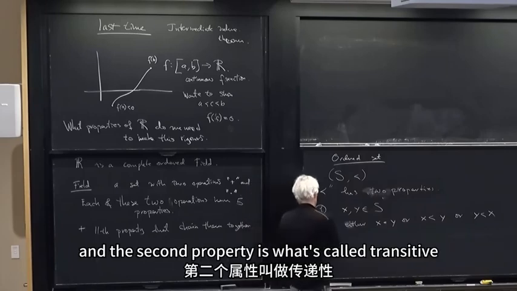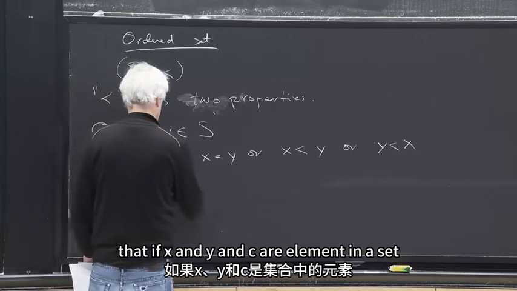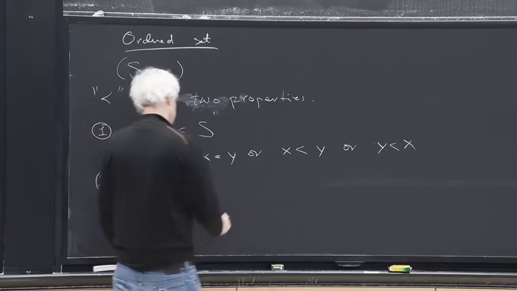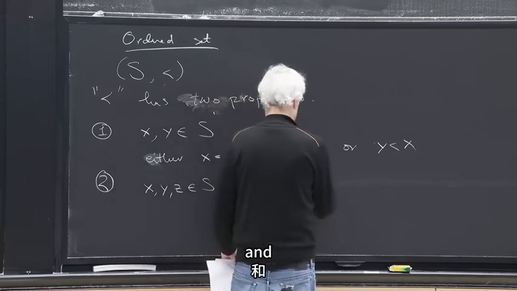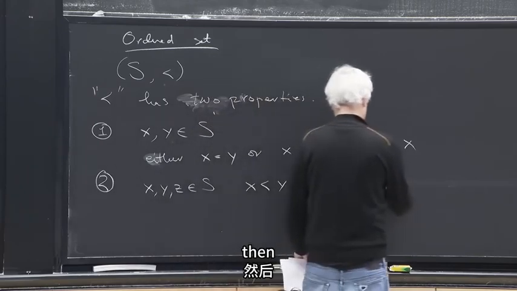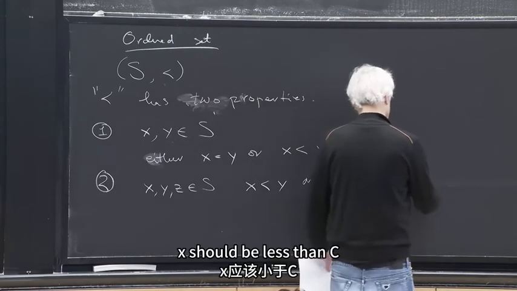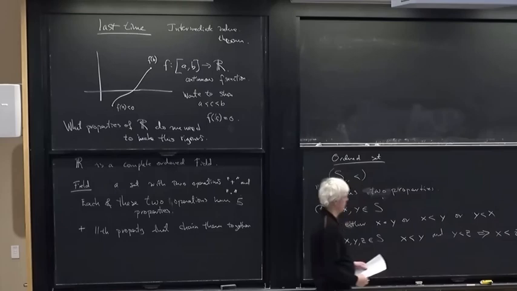And the second property is what's called transitive: if x, y and c are elements in the set, and x is less than y, and y is less than c, then x should be less than c. So this is the transitive property.